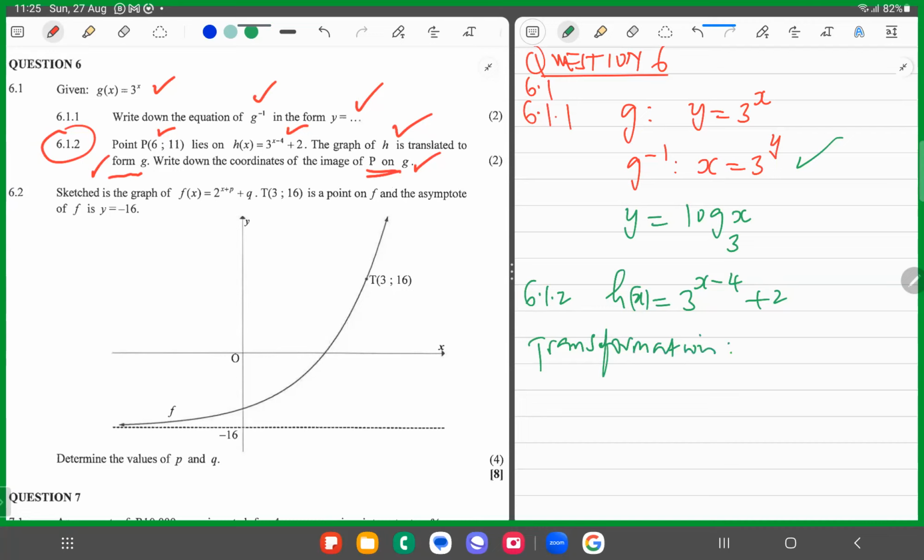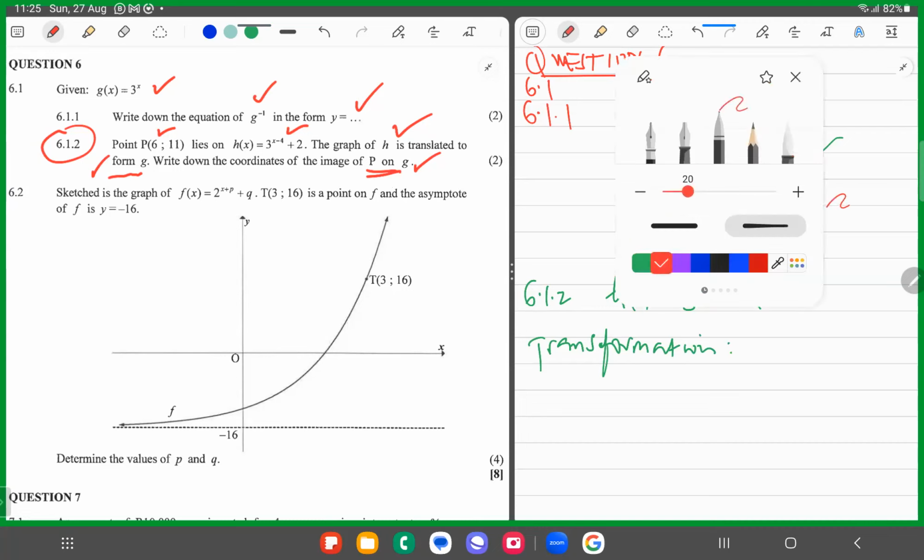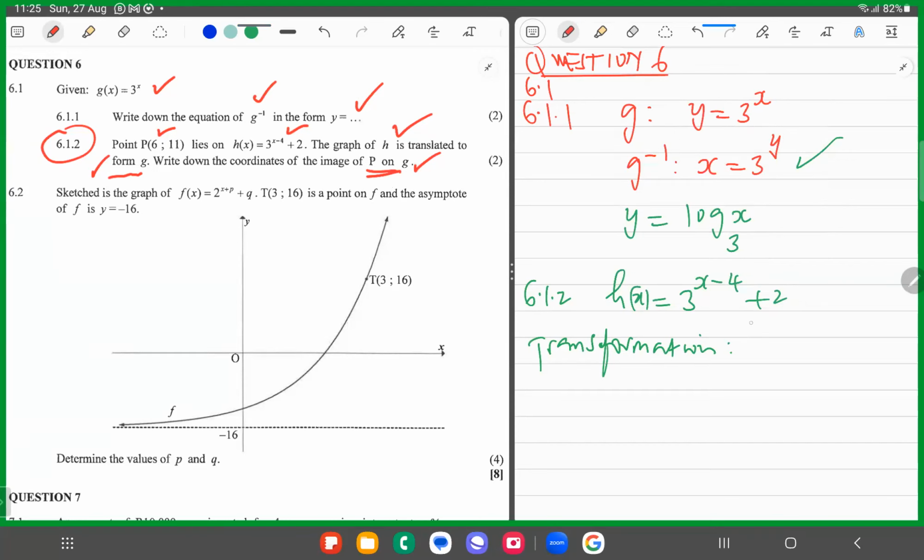This transformation is going to be, because we are comparing the two functions h and g. g is just 3 to the power x. Now, what kind of transformation makes it so that the graph of h is translated to form g?